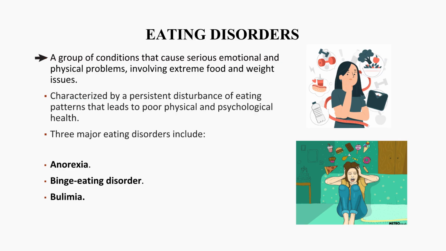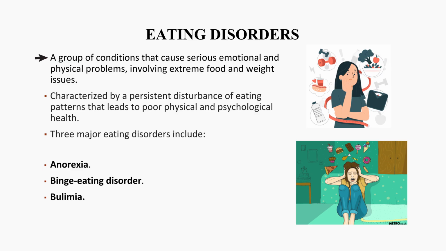We have the eating disorders, which are a group of conditions that cause serious emotional and physical problems involving extreme food and weight issues. There are many types of eating disorders. For example, it varies greatly in what they look like. They all point to an unhealthy and sometimes dangerous relationship to food.